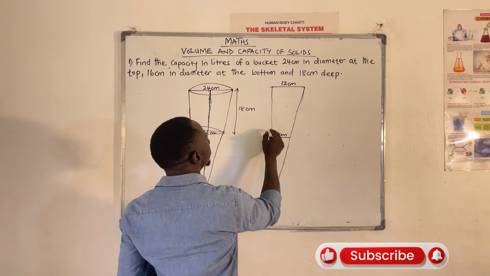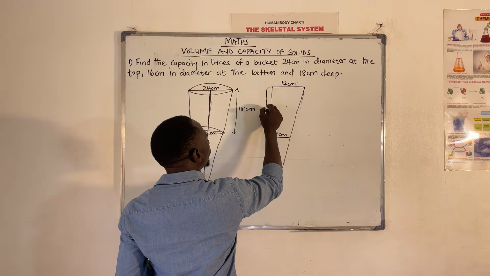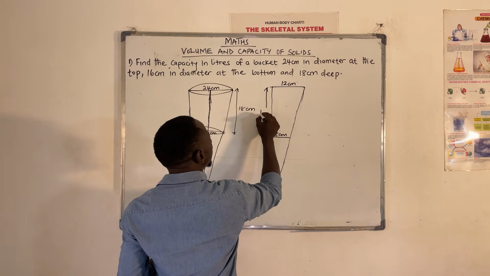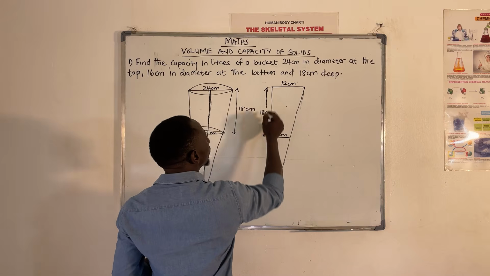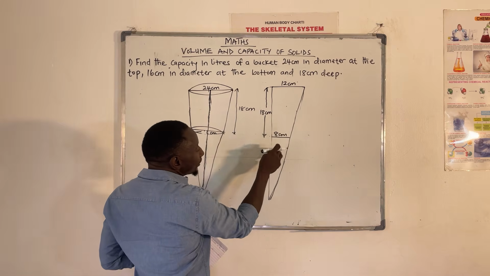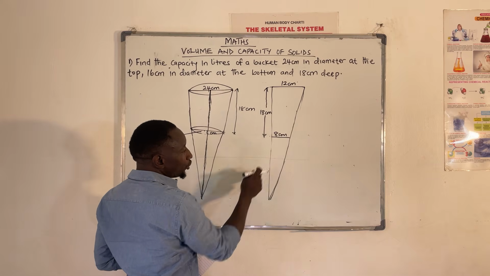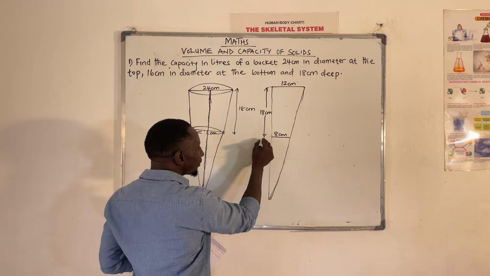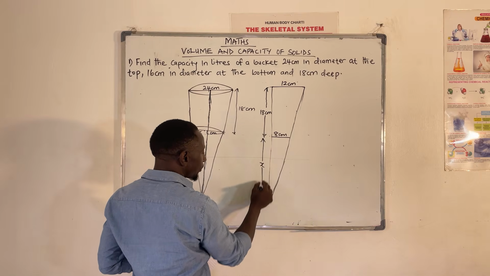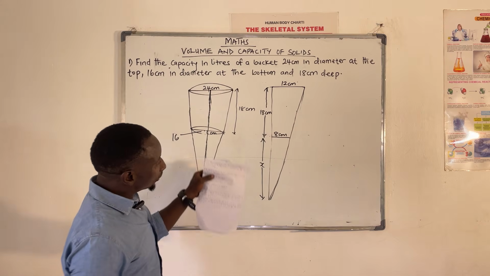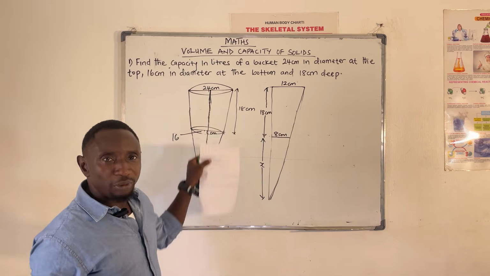Now, from these two points, this is 18 centimeters. So from this point to this point is 18 centimeters. But I decided to draw this, so I don't even know the height. So I'll just call the height x centimeters. So as you see on the board, what can you make of this?